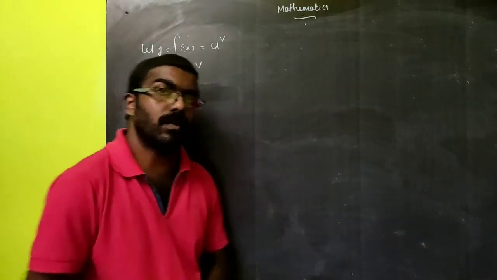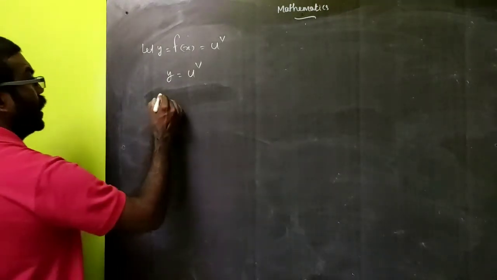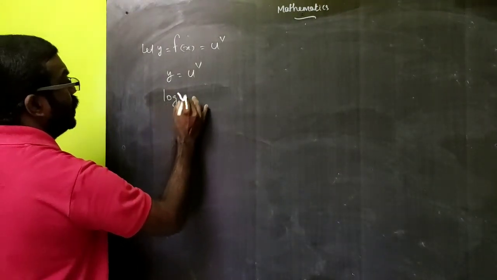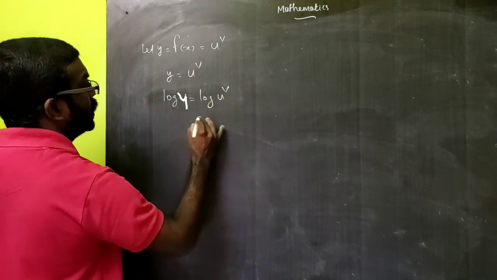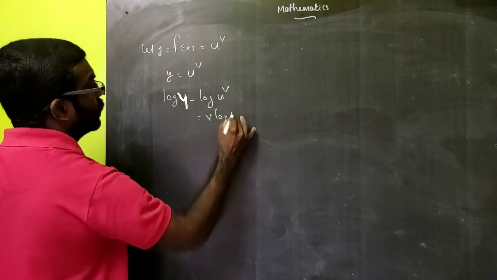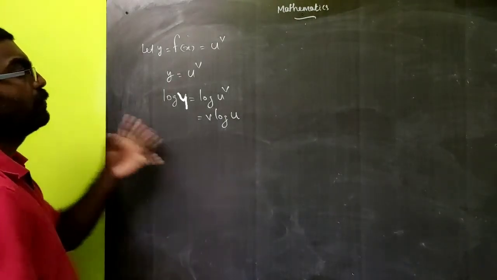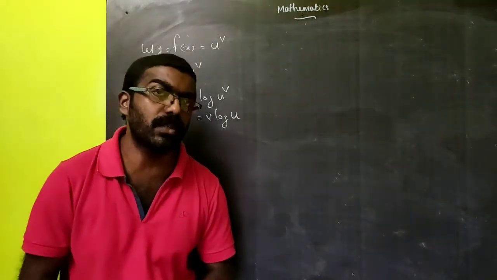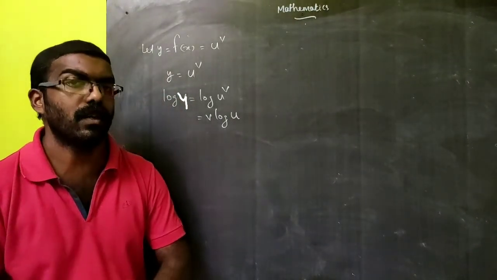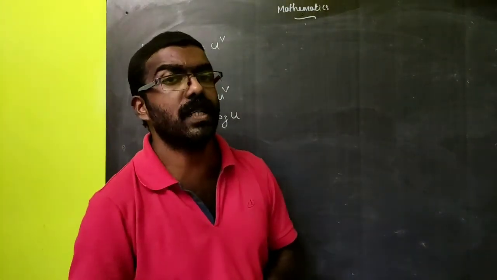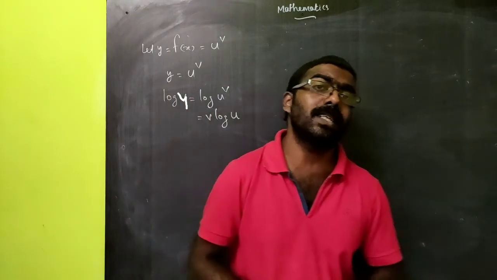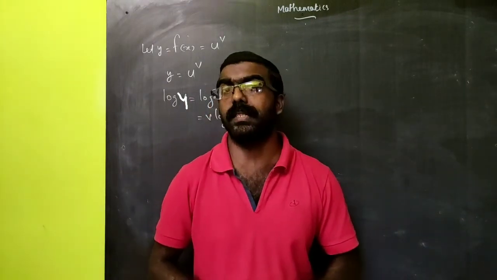Taking logarithm on both sides and simplifying, we get log y is equal to v log u. Now we can differentiate both sides with respect to x and find the value of dy by dx. The differentiation after taking a logarithm is known as logarithmic differentiation.